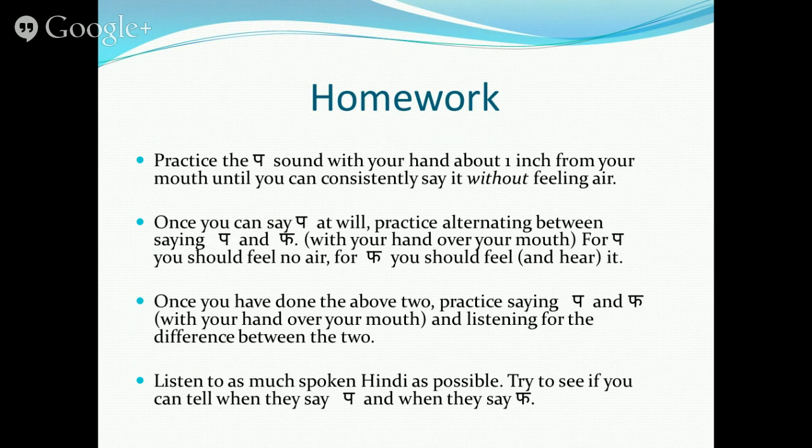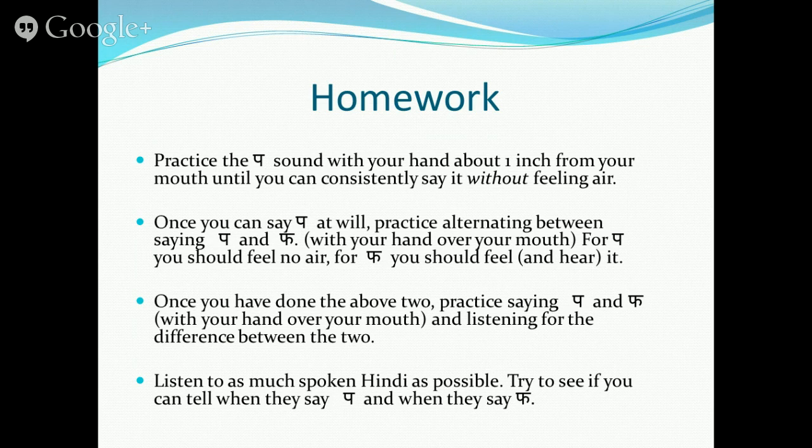Now, once you have done the above two, practice saying pa and pa with your hand over your mouth. And once again, you can say the second one as fa if you so choose. That's quite fine and quite standard for many people in India.